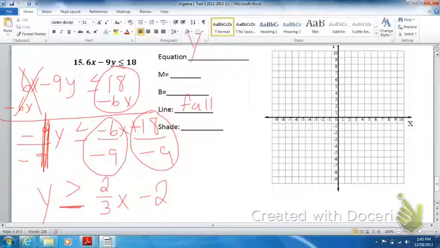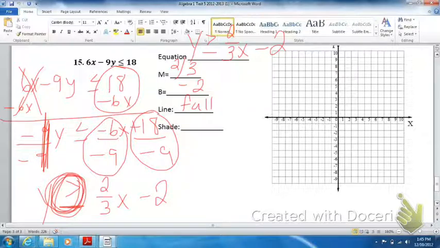So y is greater than or equal to 2/3 x minus 2. The slope is always the number in front of x, so it's just 2/3. The b is the number all by itself at the very end, negative 2. And then this says greater than, so that means we're going to color above.